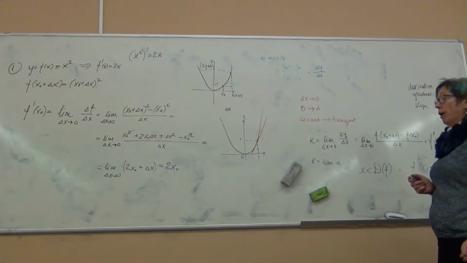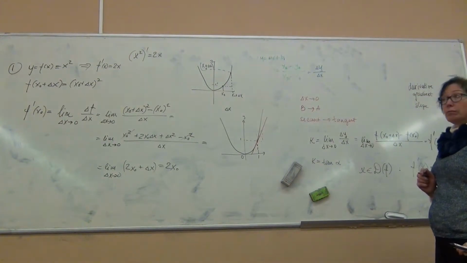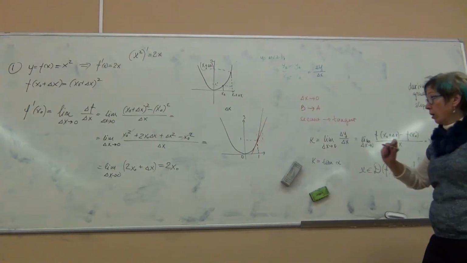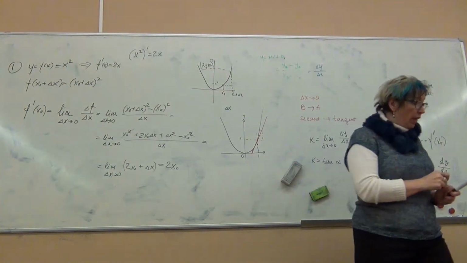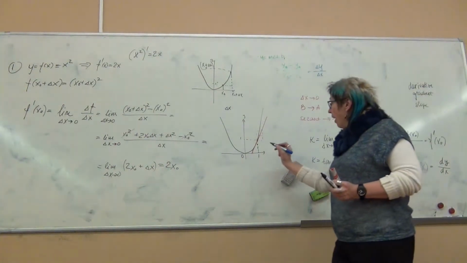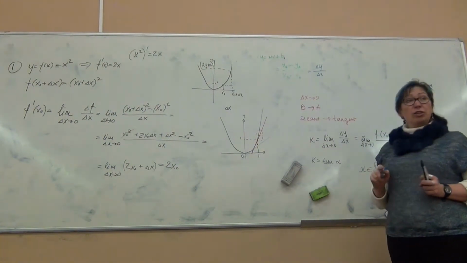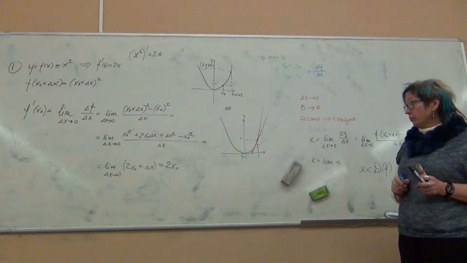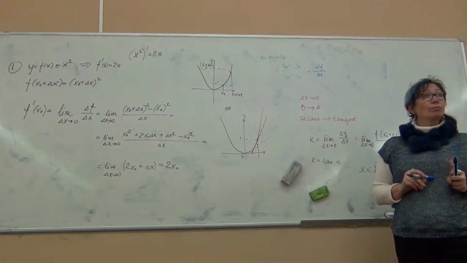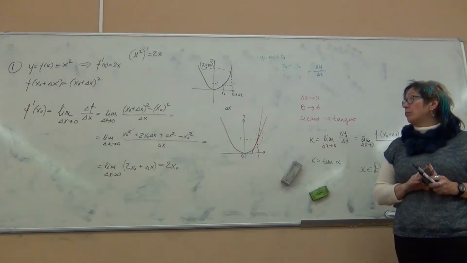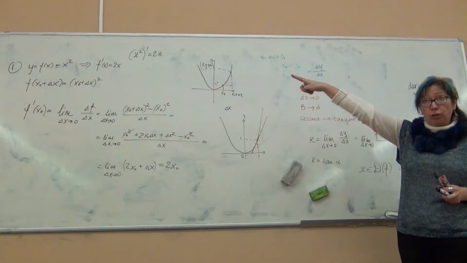So for the sake of comparison, if I choose x value 1/2, then the slope would be 1, which means at the point where x is 1/2, the tangent line should be at 45 degrees, because tangent of 45 degrees equals 1. What happens if x is 0? The slope is 0 by calculation.